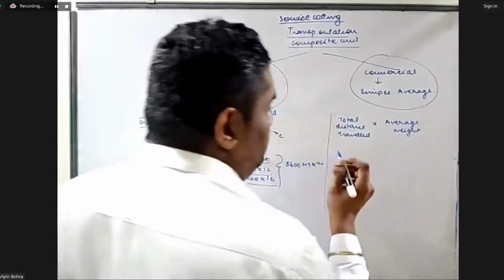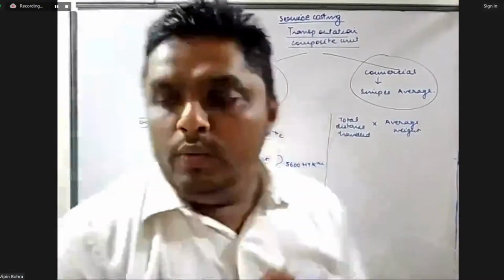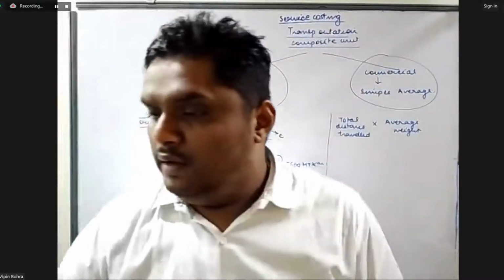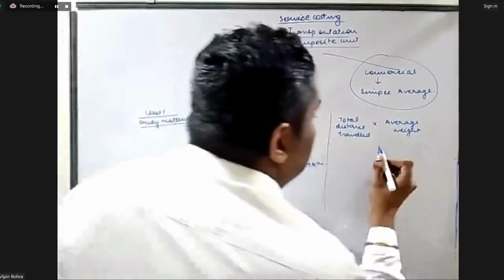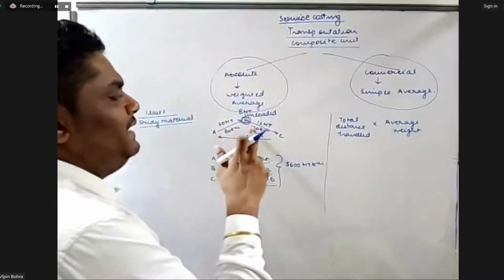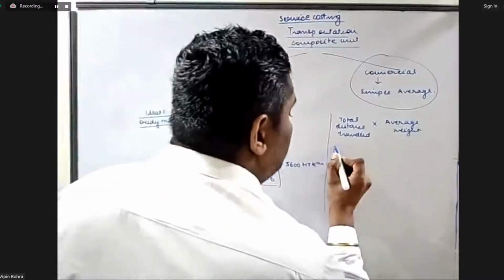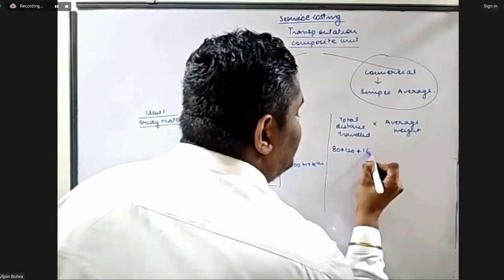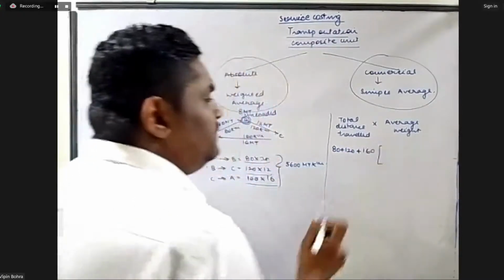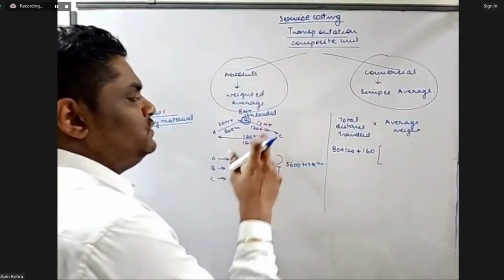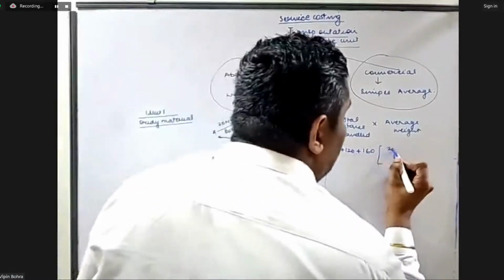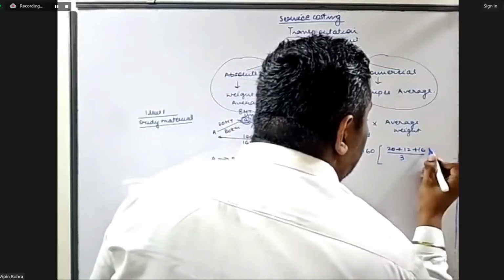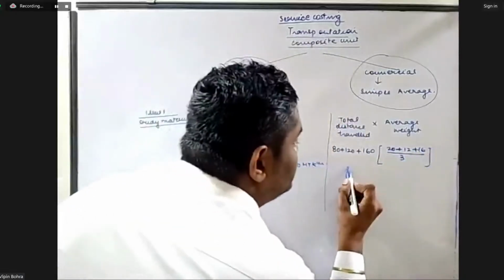So the total distance traveled is 80 plus 120 plus 160, multiplied by average weight, that is 20 plus 12 plus 16, divided by 3. So this will be 360.